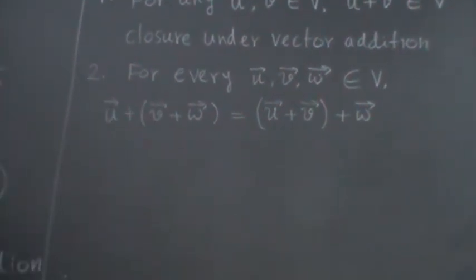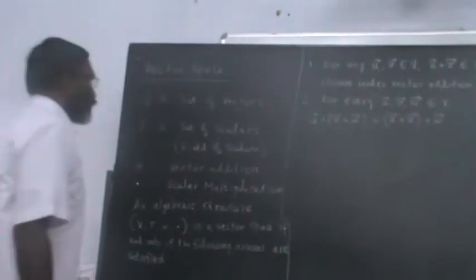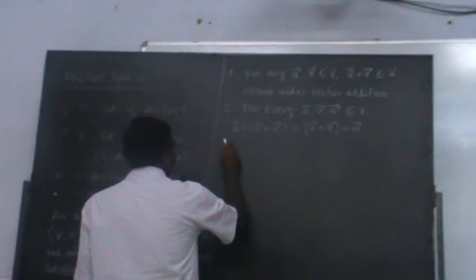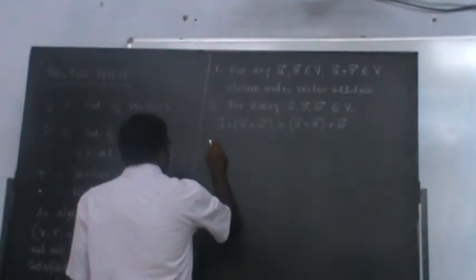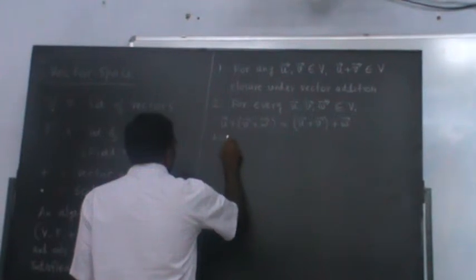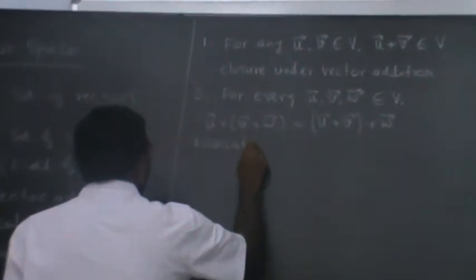This is called associative. Vector addition is associative.